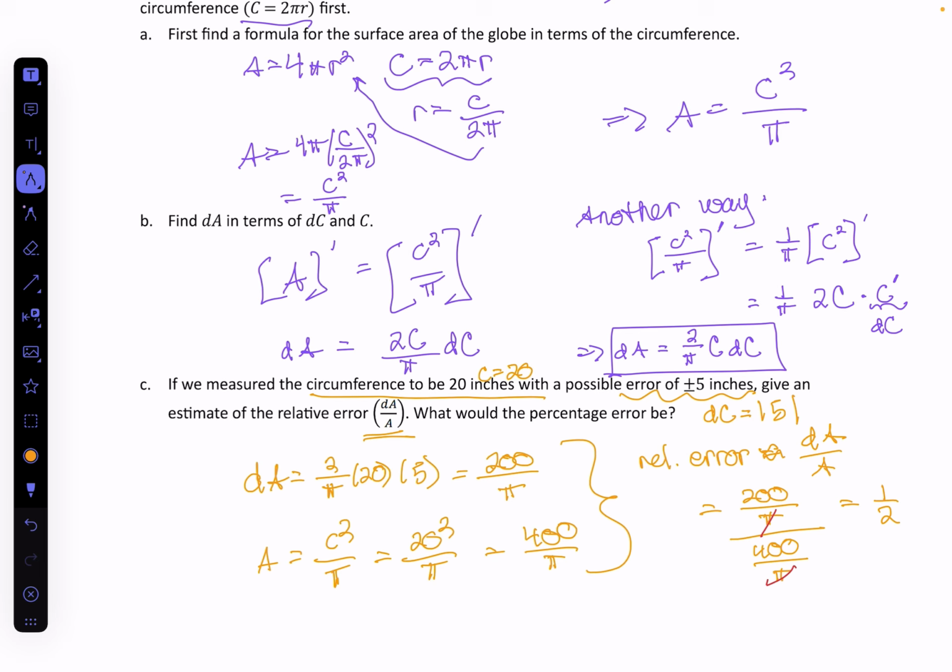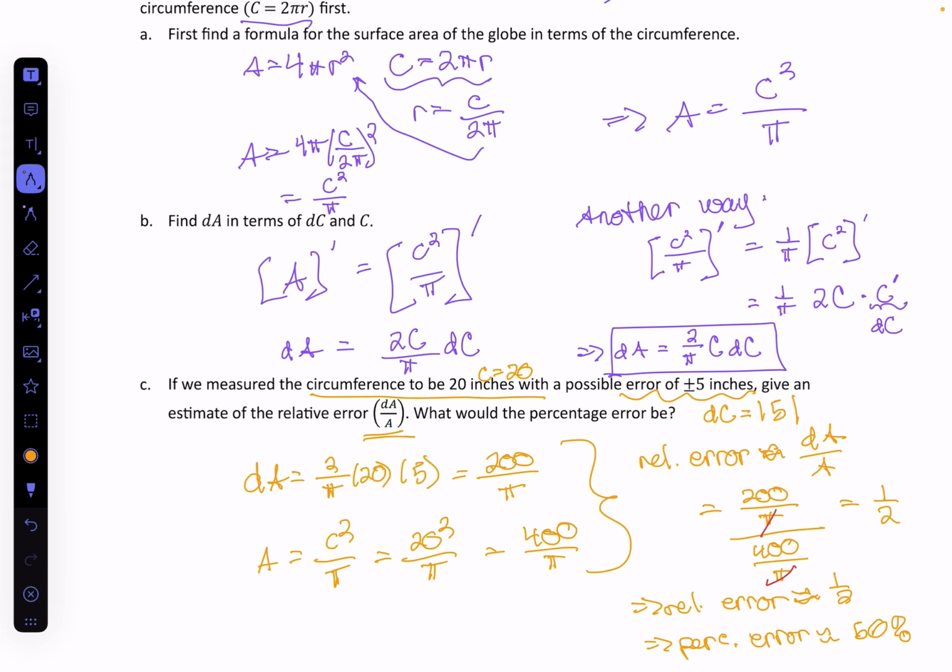So that's our relative error, and the percentage error, so let me write that here. Relative error is approximately equal to 1/2, and the percentage error then is going to be approximately equal to 1/2 times 100, or 50%, which honestly is a pretty terrible error.